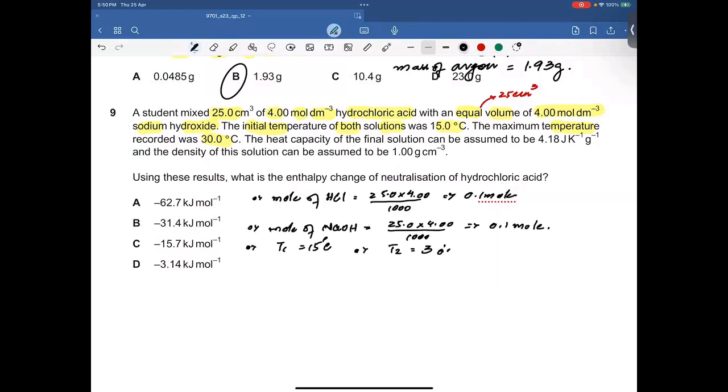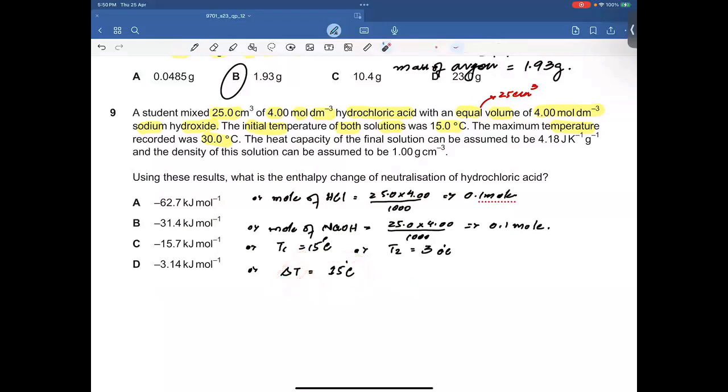So by using these two values, I can find the delta T. 30 minus 15 is going to be 15 degrees Celsius, right? And 1 degree Celsius equals 1 Kelvin. So 15 degrees Celsius equals 15 Kelvin. So we don't need to convert it into Kelvin because it's a change in temperature.